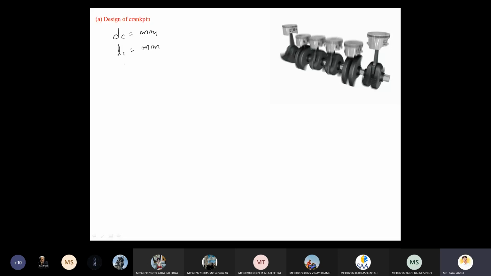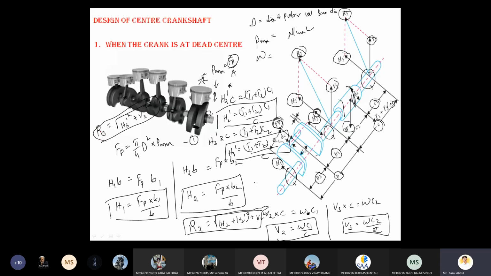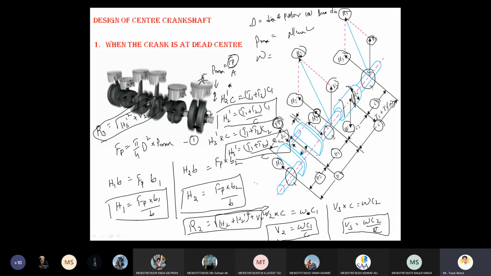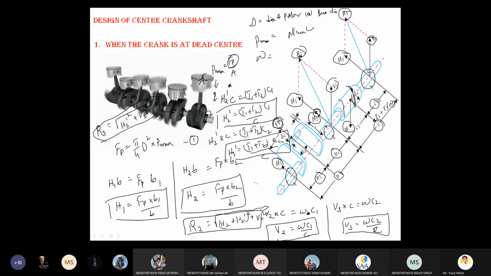The crank pin is generally subjected to bending stress, that is sigma B in megapascal. And the bending moment at the center of the crank pin, from the figure, is H1 into B2. See here, H1 into B2.